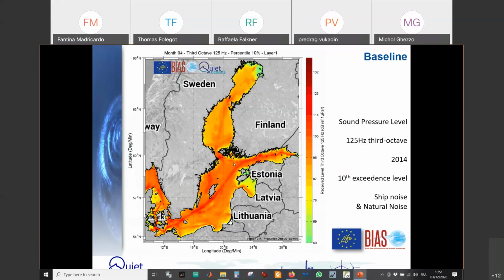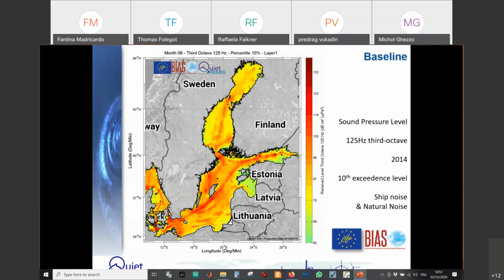You can see that the map is made of 2 components. You have the shipping noise that is very stable from month to month because the traffic is always there. And in the background, you can see that the level is much more variable. And this is the natural noise, mainly.